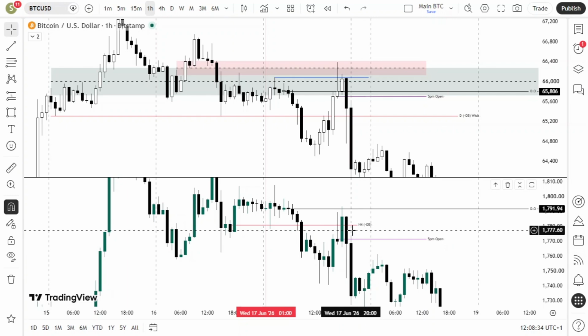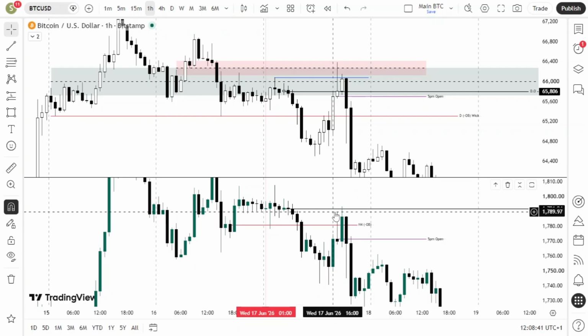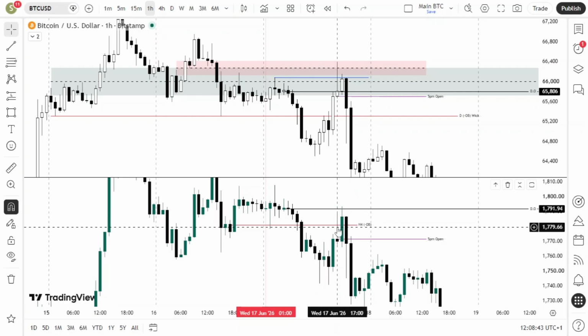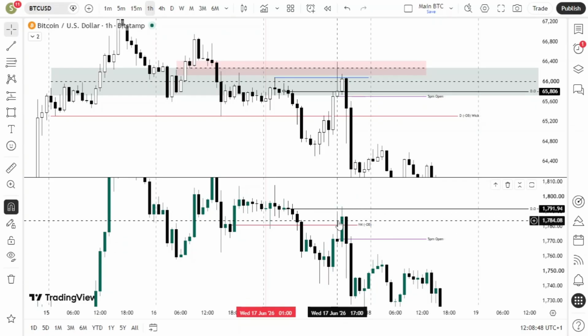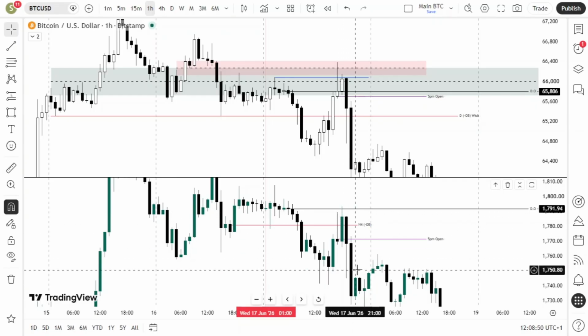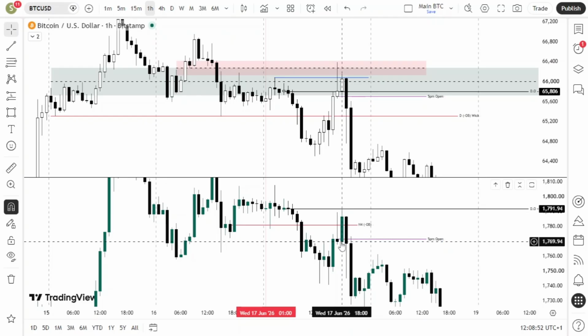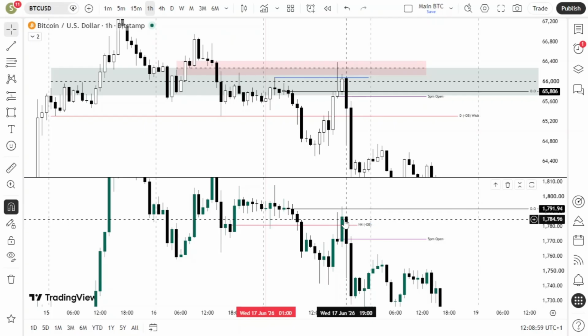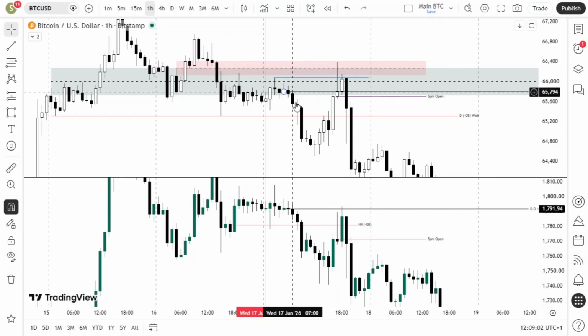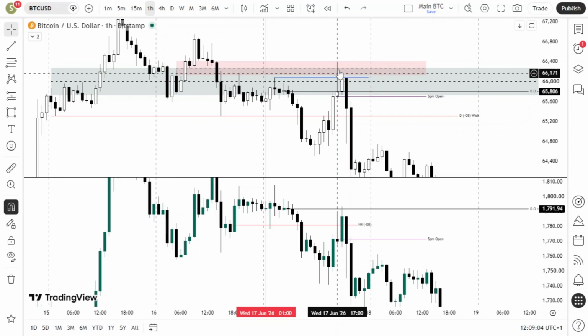So this is kind of what I call a double SMT, in the sense that we have a weak rejection and also a bearish order block together, because usually you don't get these things when you get weak rejections. You usually get a fast delivery and you might not get a return to the order block, but in this case the order block forms inside of the wick. It does not close above it, it forms inside of it. So this is our normal 1 hour bearish SMT that we usually trade.